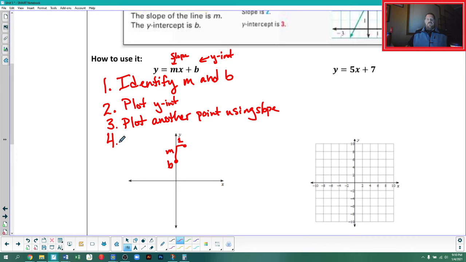And then step 4, graph the line. Now I will say, I guess I could spell things right. Graph the line, sorry. Some other things that I would say here is an optional extension to step 3 is that you can keep stepping this slope out.